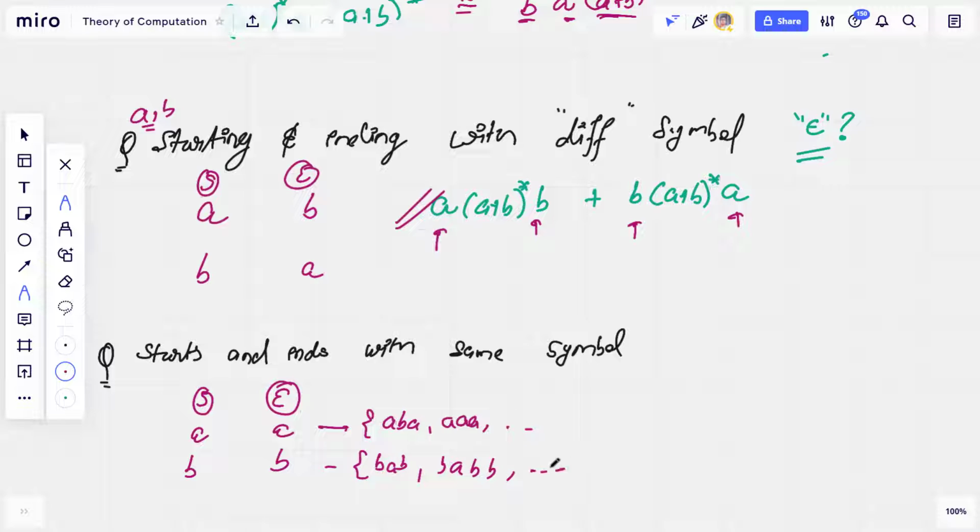And one important thing that you might have missed is this: a single A is also a string which starts with A and ends with A, and a single B is also a string which starts with B and ends with B. Most of you might have missed this, I feel. So these two are important.